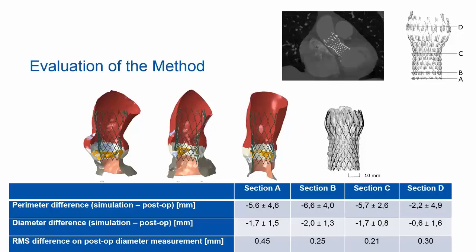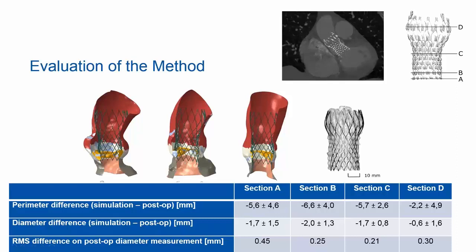So for the 27 patients we did simulations for, we also performed measurements on the stent in the post-op and on the stent derived from the simulations. We had 4 sections: at the very bottom, at one stent node higher, so the region where the sealing should occur, where the surgeon aims to position the stent, the aortic annulus plane, the narrowest section and the widest section.